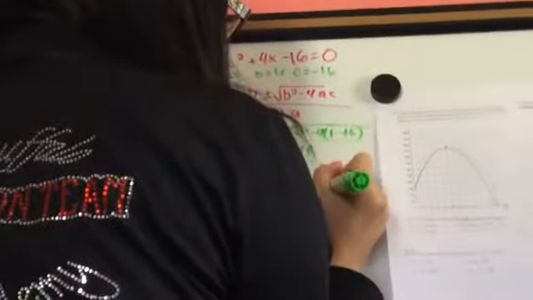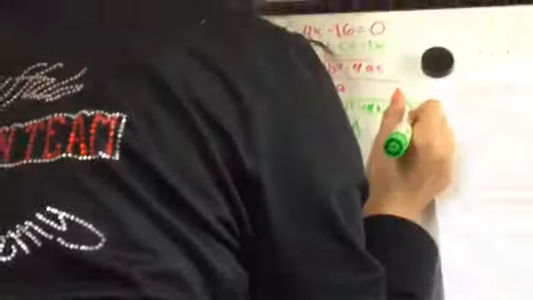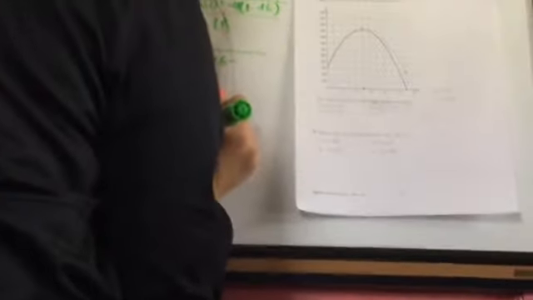So negative 4 plus or minus the square root of 4 squared, which is 16, minus 4 times negative 16, which would be 64, over 2.